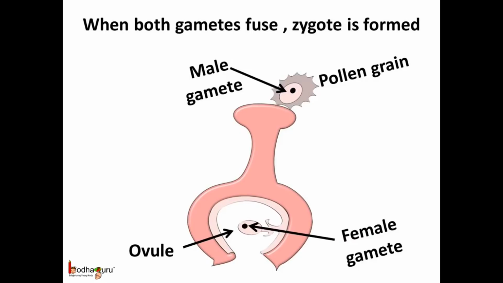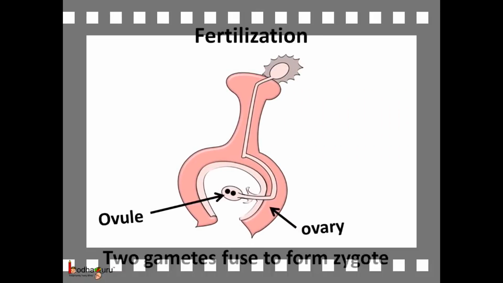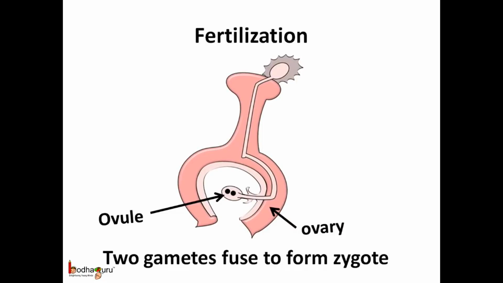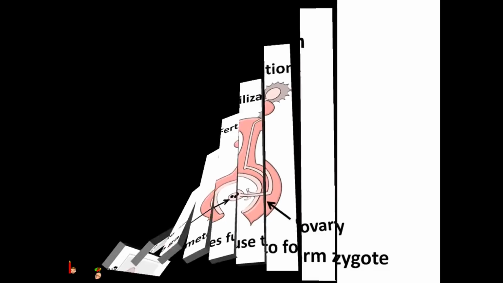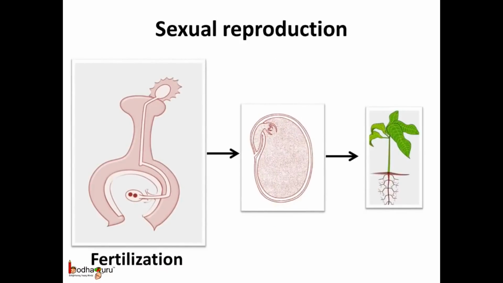As the pollen grain comes from the male part of the flower, it consists of the male gamete, and the ovule consists of the female gamete. This process of fusion of male gamete and the female gamete to form a zygote is called the fertilization. The zygote is formed due to the fertilization.